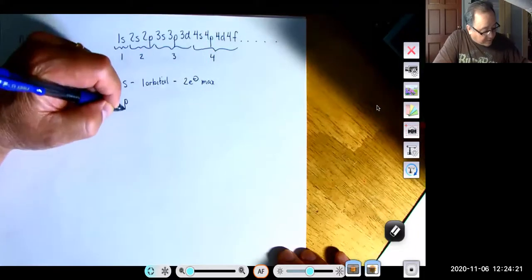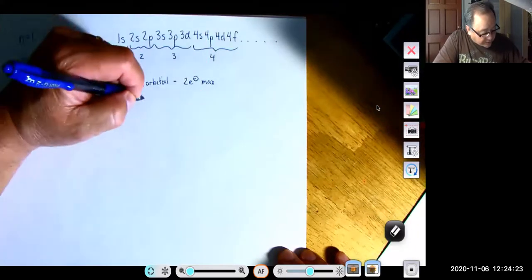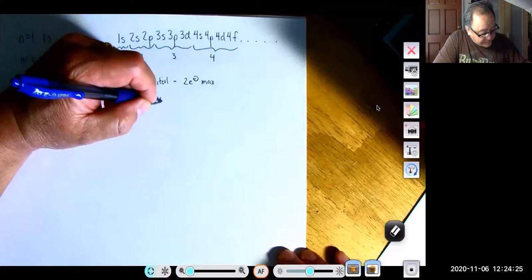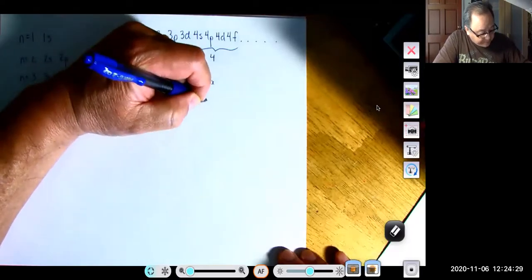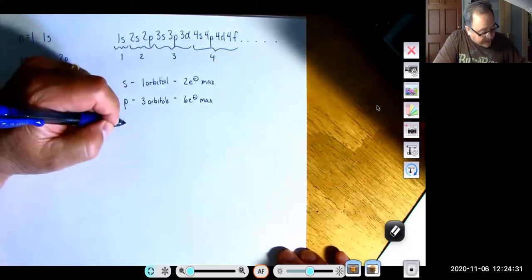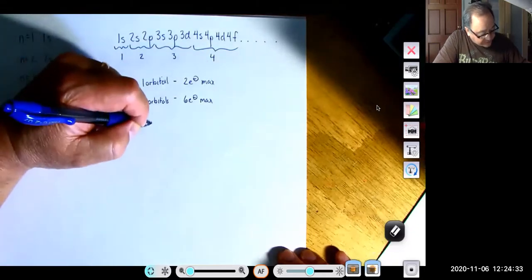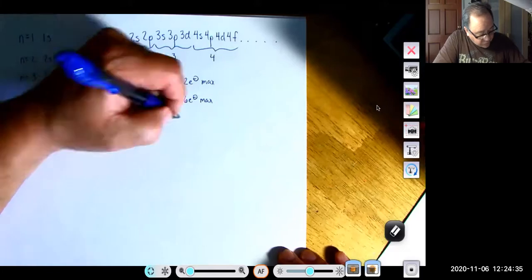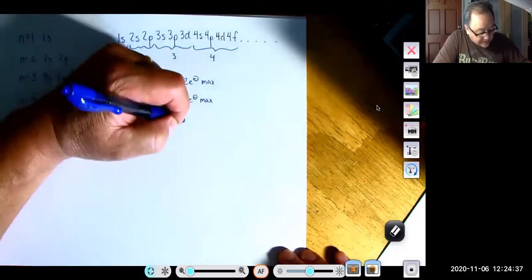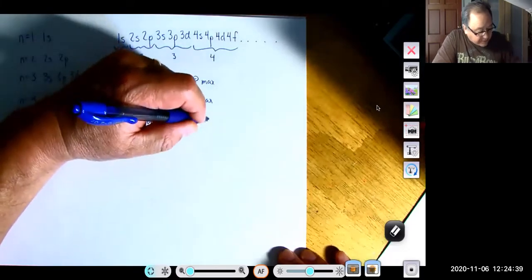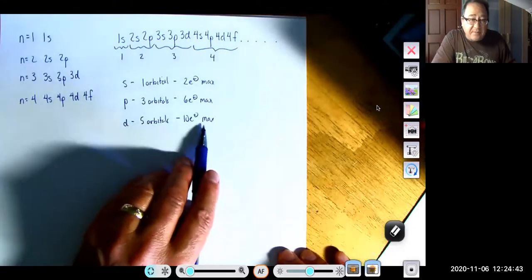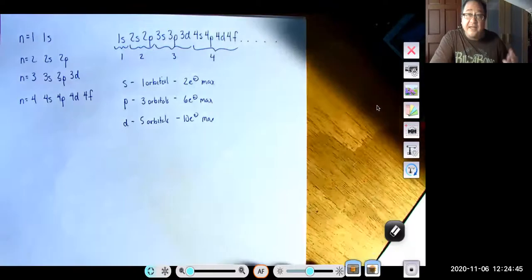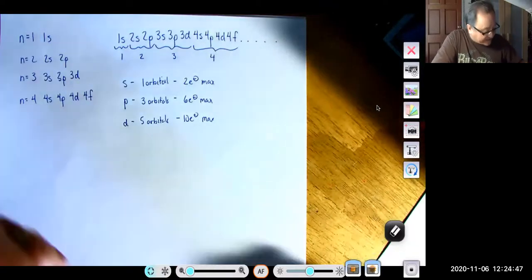A P subshell has 3 orbitals, which means you can have 6 electrons maximum. And a D has 5 orbitals with 10 electrons maximum. Notice that the number of electrons is double the number of orbitals. And we say maximum because it doesn't have to have 10. It can have up to 10, but that's it.